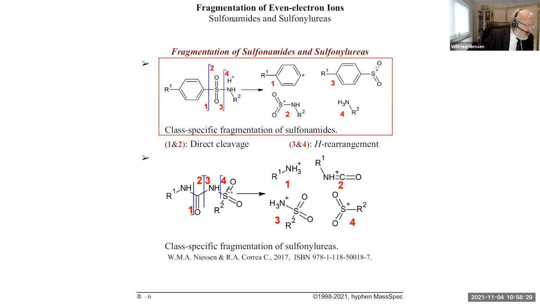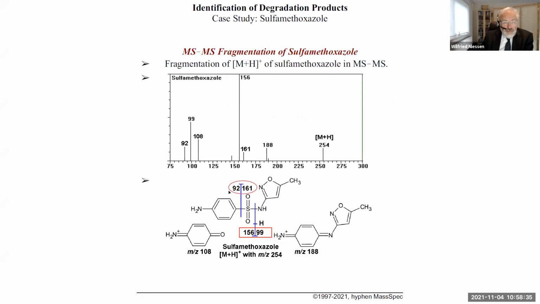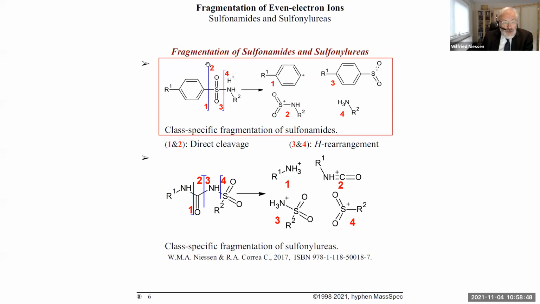Okay, let's now move to the sulfonamides. You may remember that we already discussed the fragmentation of a sulfonamide, because we were looking at this spectrum in one of the exercise series which we had. So we have cleavage on either side of the sulfone with charge retention on either side.